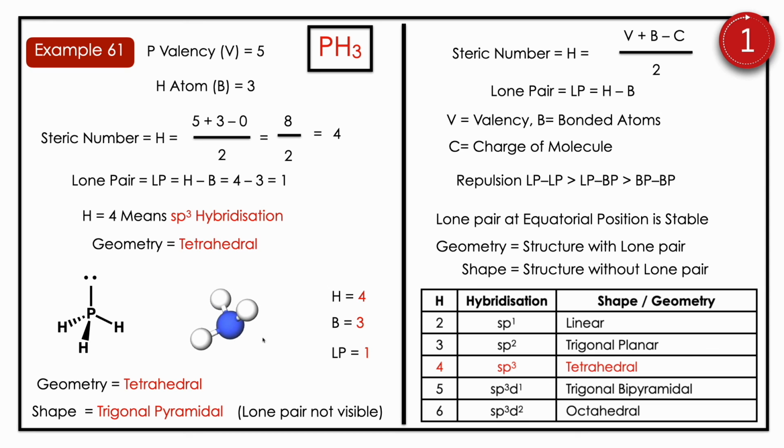H4 means sp3 hybridization. Geometry will be tetrahedral. But you have one lone pair in the system. Lone pair can come anywhere since the system is symmetrical. Tetrahedral with one lone pair gives trigonal pyramidal. Since the lone pair is not visible, phosphorus will be the top of the pyramid, hydrogen will be the bottom of the pyramid. So PH3 looks trigonal pyramidal.